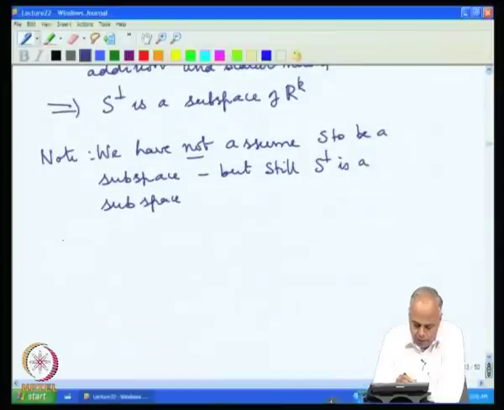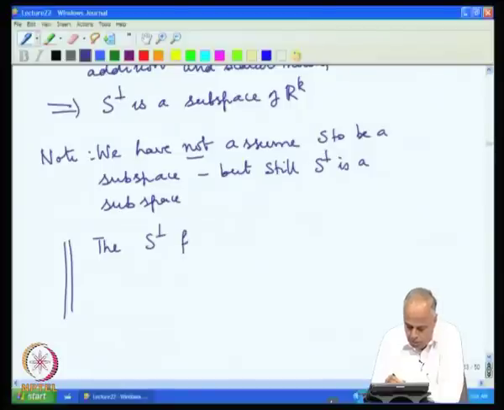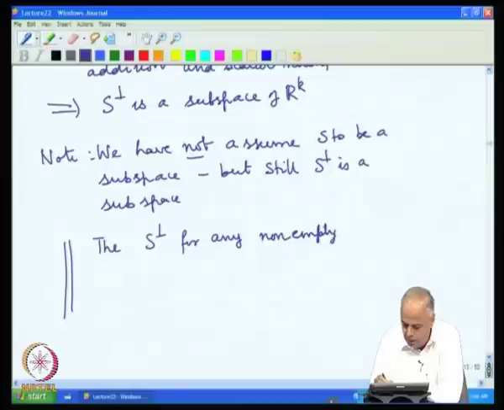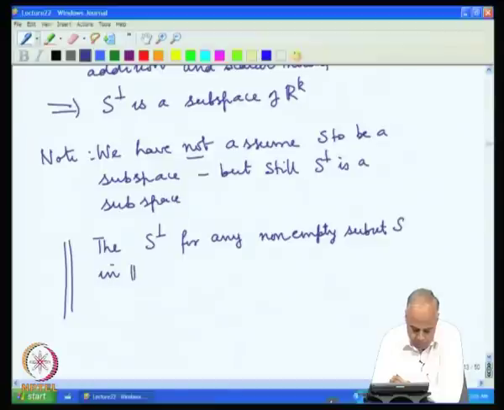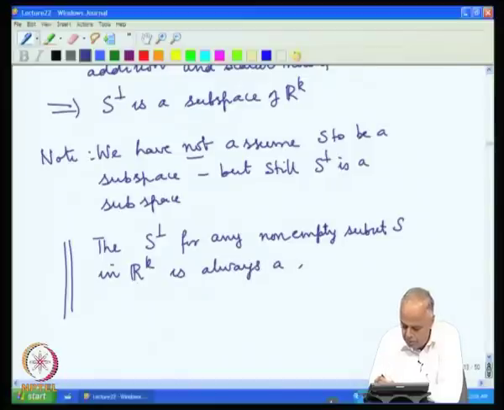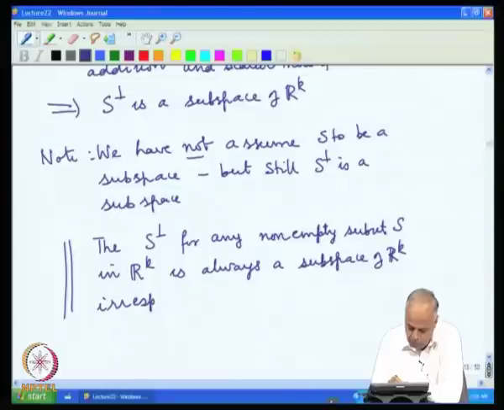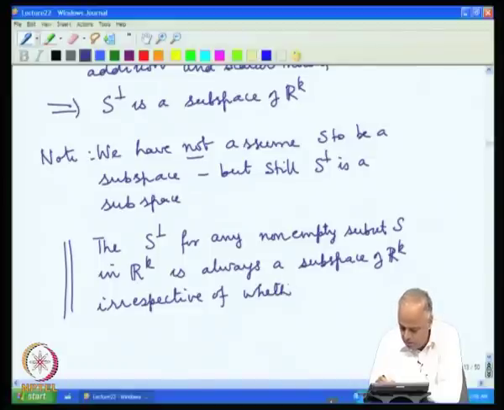So, the conclusion is that S perp for any non-empty subset S in R k is always a subspace of R k, irrespective of whether S is a subspace or not.